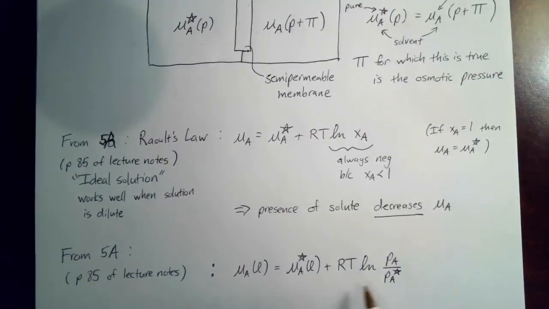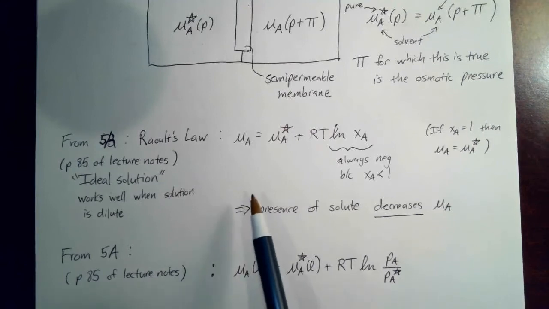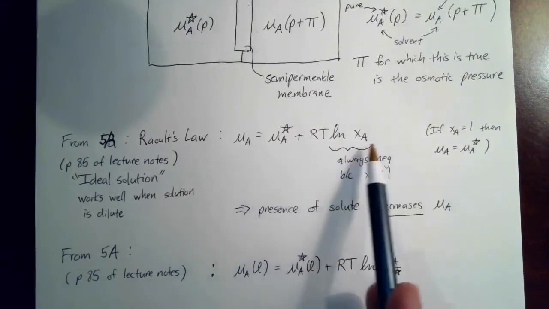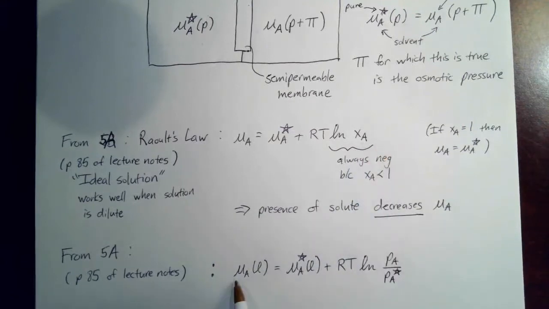This equation was actually the predecessor to Raoult's law, because we observed that PA over PA star is roughly the mole fraction xA. If I replace that with xA, I recover Raoult's law. But before we did that, we had it in terms of pressure.